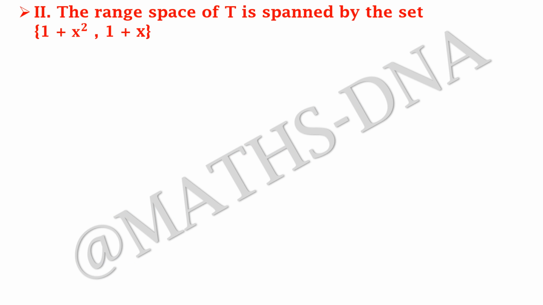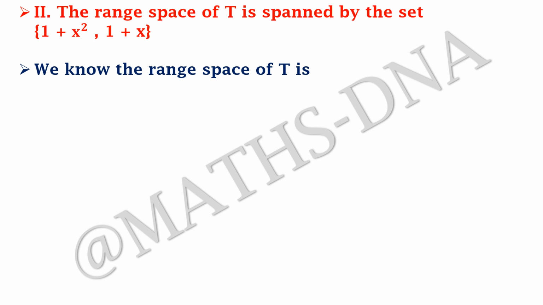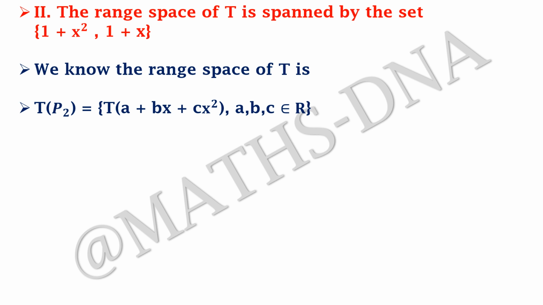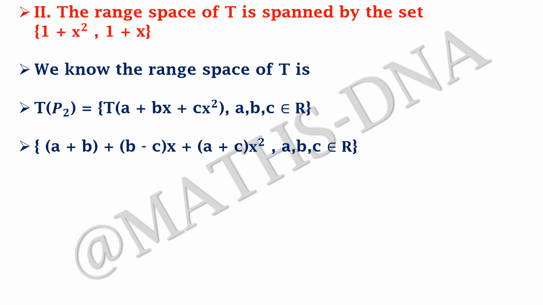Moving on to the second one. The range space of T is spanned by the set 1 plus X square and 1 plus X. So we know the range space of T is nothing but the linear transformation defined for A, B and C belonging to R. So for A plus B minus C into X and plus A plus C into X square, for A, B, C belongs to R, we simply open up the brackets first.